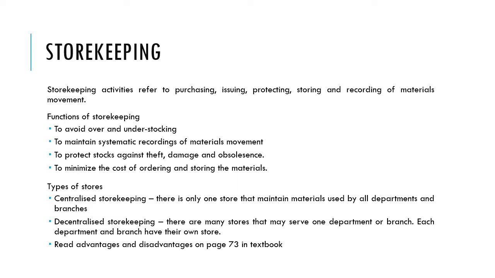So for a centralized storekeeping, it means that in one company there is only one store that maintains material used by all departments and all branches. As opposed to decentralized storekeeping, there are many stores that may serve one department or one branch. So each department and branch have their own store. Please read through the advantages and disadvantages on page 73 in your textbook.